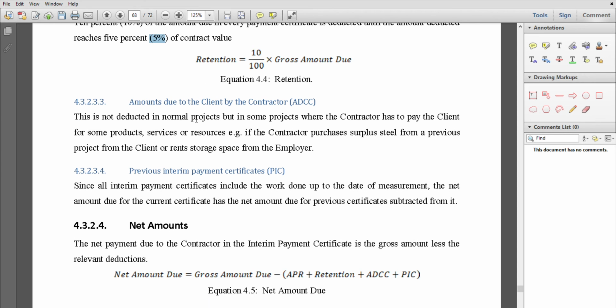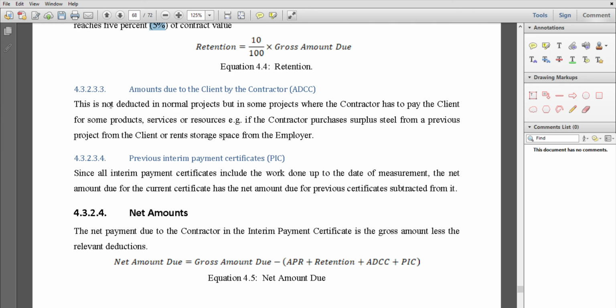Amounts due to the client by the contractor. This is not deducted in normal projects, but in some projects where the contractor has to pay the client for some products, services, or resources. For example, if the contractor purchases surplus steel from a previous project from the client, or rents storage spaces from the employer, or sometimes you are using his facilities, his accommodation, or he's supplying food for your laborers.